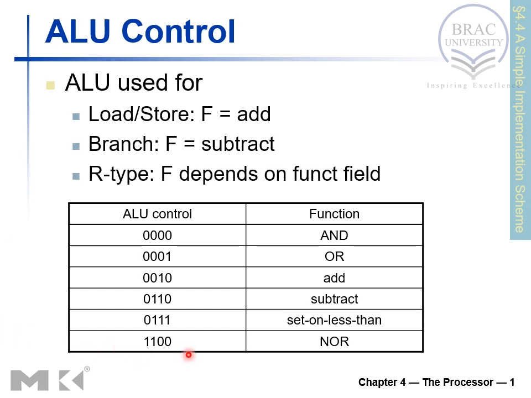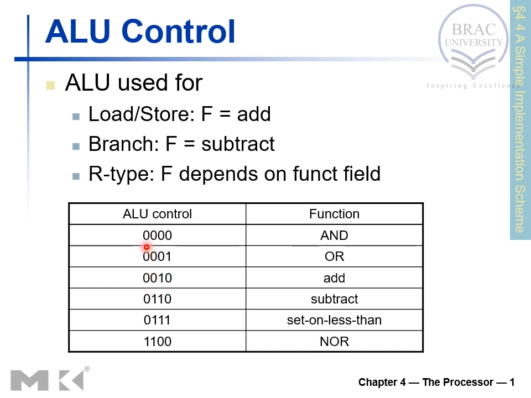So when the ALU control exits from the control unit, it generates these 4 bits of control, and these 4 bits of control come from the ALU control unit to the ALU and decide which operation to perform.